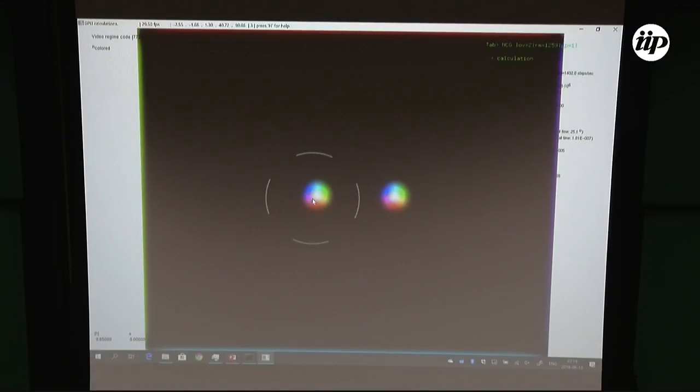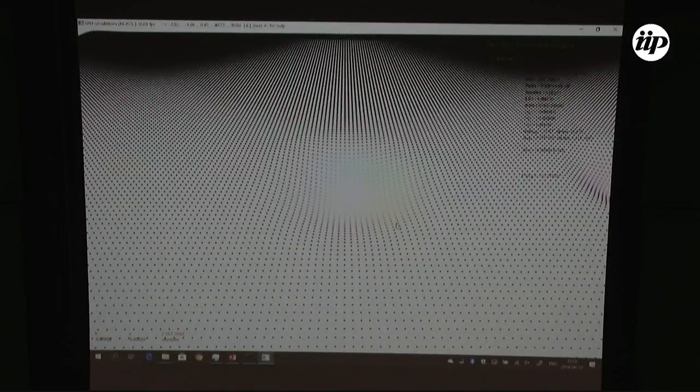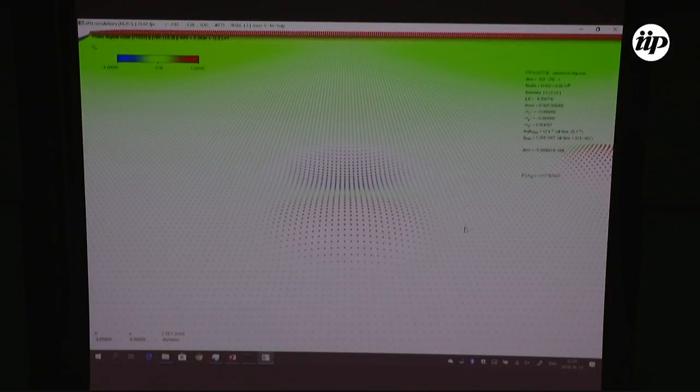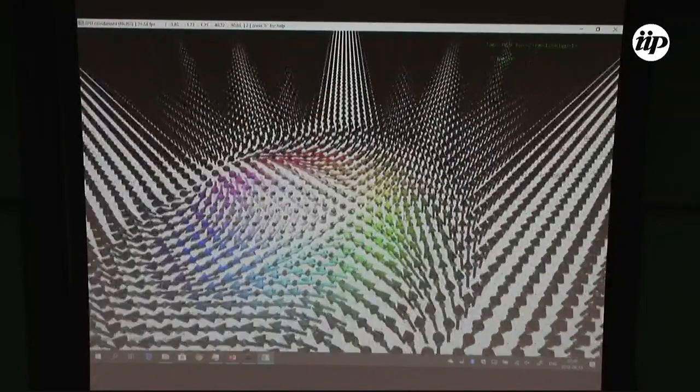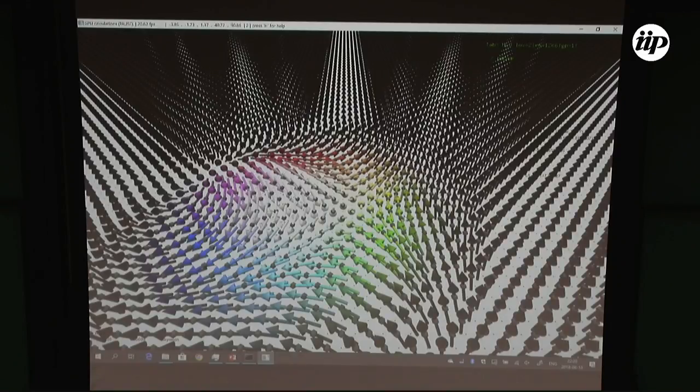But let me destroy these and create them again. Yeah, there is a very important remark I have to add here. The chirality for this calculation was chosen by a certain set of Lifshitz invariants, which is related to a certain kind of structural symmetry of the crystal.